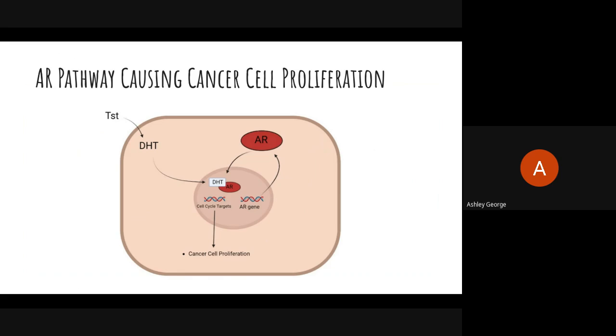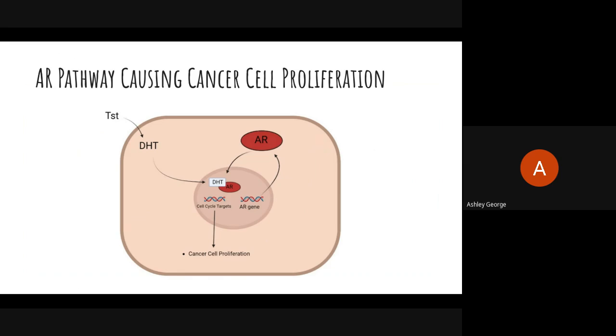So it maintains several mechanisms for males, such as spermatogenesis, libido, bone mineral density, and muscle mass. So the healthy prostate epithelial and stromal compartments are what express the androgen receptors. And in cancerous prostate cells, the regular androgen receptor signaling is disrupted, and then the proliferative AR signaling occurs. It kind of goes into overdrive.